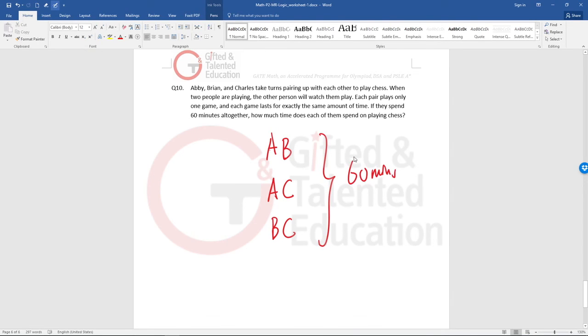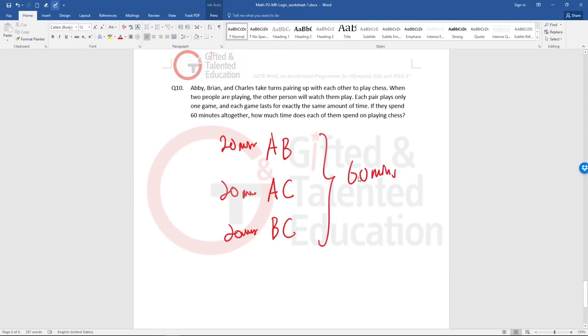Since each game lasts for exactly the same amount of time, and there are a total of 3 games, each game would last for 20 minutes, since 20 times 3 would give us 60 minutes.